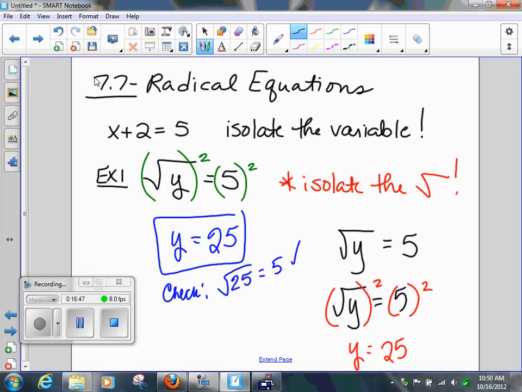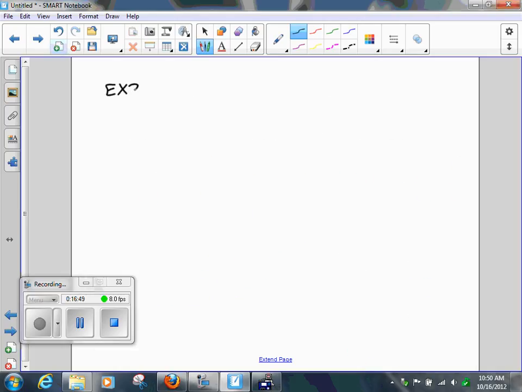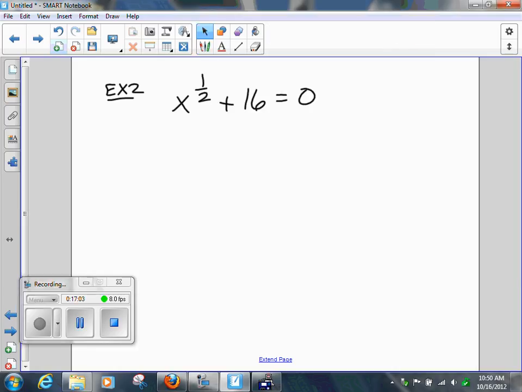Isolate the radical. It's very important. How about this one? What if I wrote it x to the 1/2 power plus 16 equals 0? It's just the square root of x.